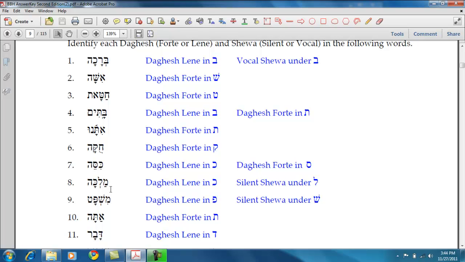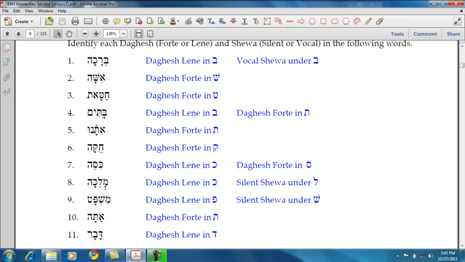Okay, mishpat. In mishpat you've got the dagesh lene in the pe because there's a non-vocal shva under the shin, because it is following a short vowel.